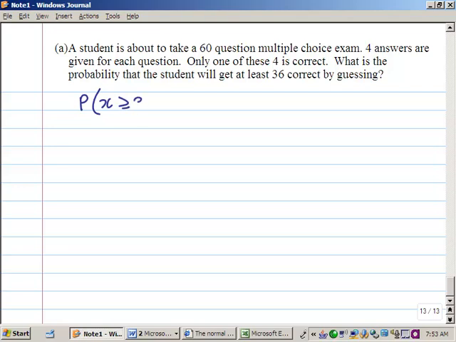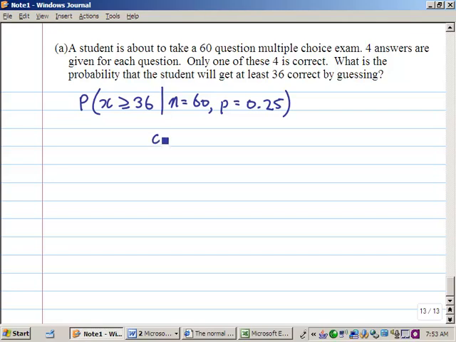At least 36 means 36 or more out of 60 questions, and the probability of getting any one question correct, well, he's got a 1 in 4 chance. Since there are 4 answers given, just choosing at random, there's a quarter probability, 0.25.